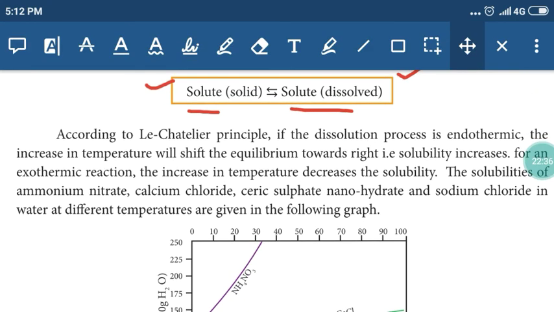Once equilibrium is attained, what will be the shifting of equilibrium? Will it shift towards the forward side to give the product, or towards the left-hand side to give the reactant? This is the question. This is mainly based on what type of process it is. It may be an exothermic process or endothermic process.